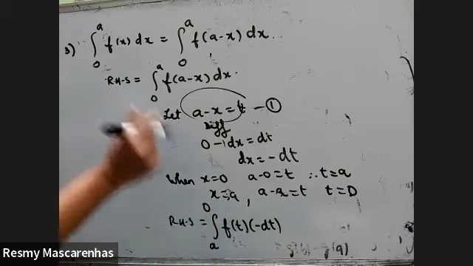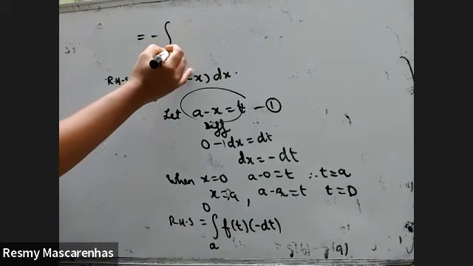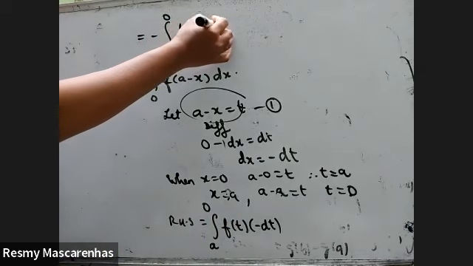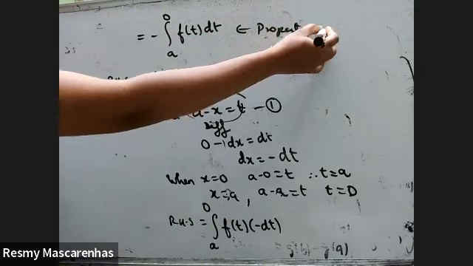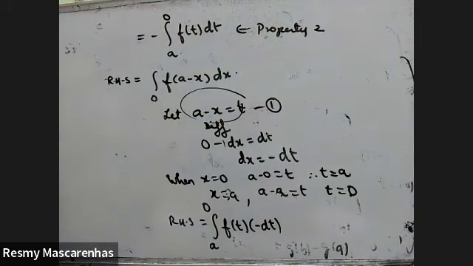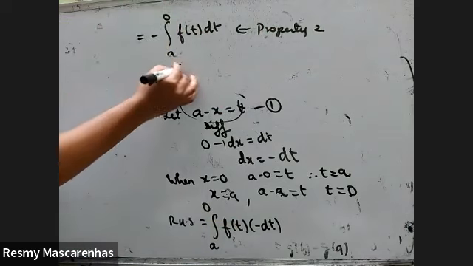Now this minus will come out. So using property 2, minus, I can utilize and make it reverse. If I'm using this minus inside, I can change.